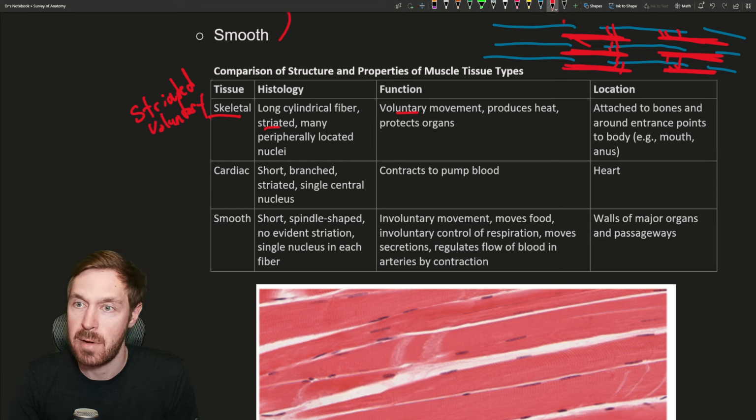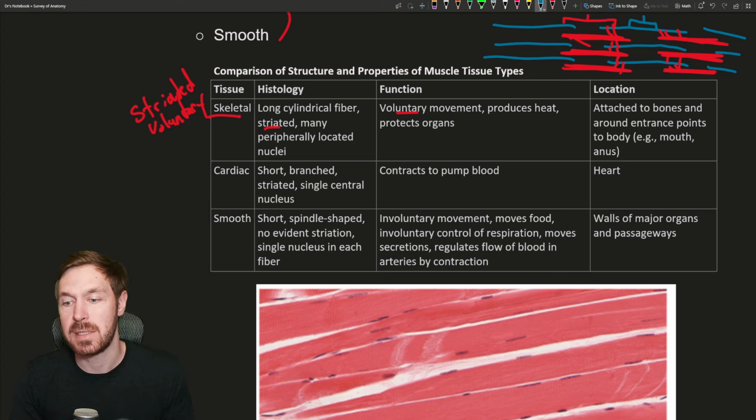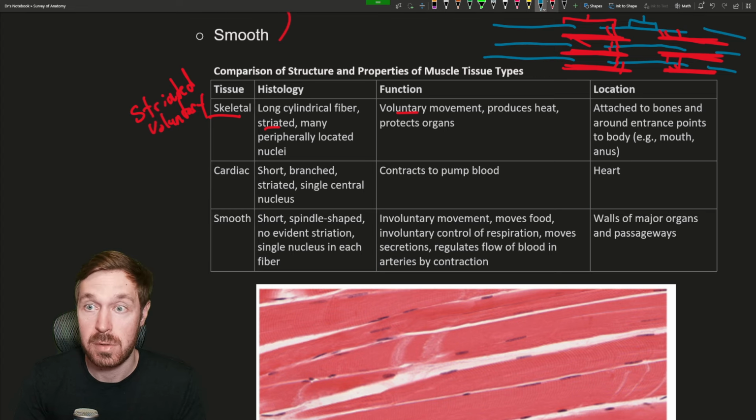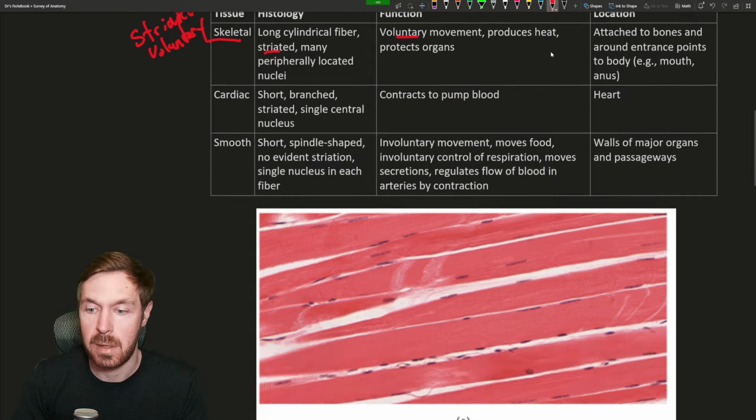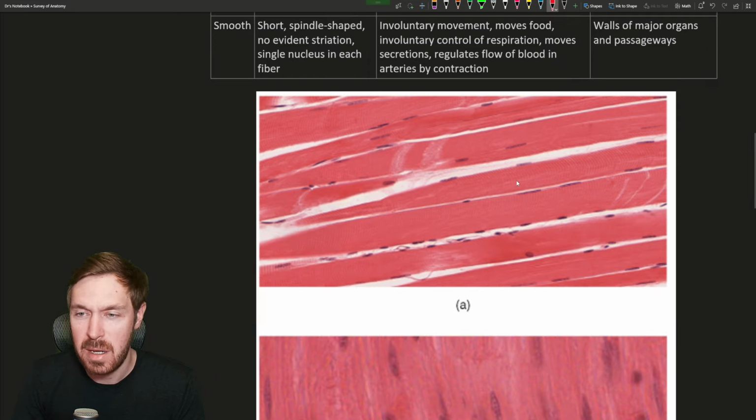So since this area is thicker, it appears darker. This area, there's not as much, so it appears lighter. And so it makes these dark bands and these light bands, and that causes this striping pattern to then appear on that particular muscle. So if you look in here, now you might have to look close at this image in the textbook, you can see this slight striping pattern coming down here. Those are what striations are.